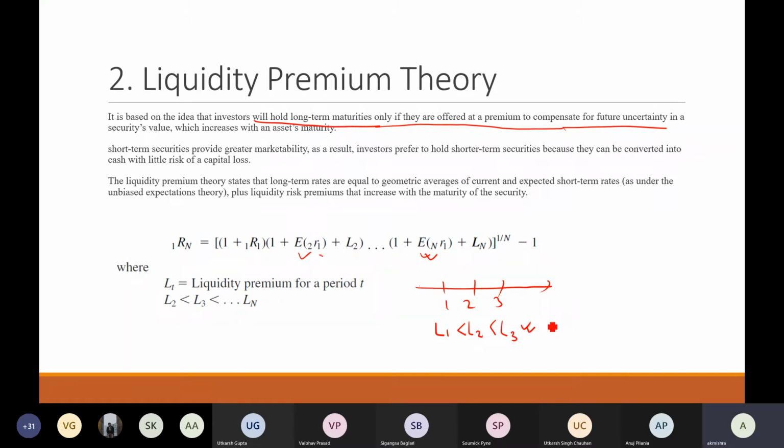Basically, liquidity premium is some kind of return. Why? Because they think their money is going to be tied up for a longer duration, so this should be a positive number.